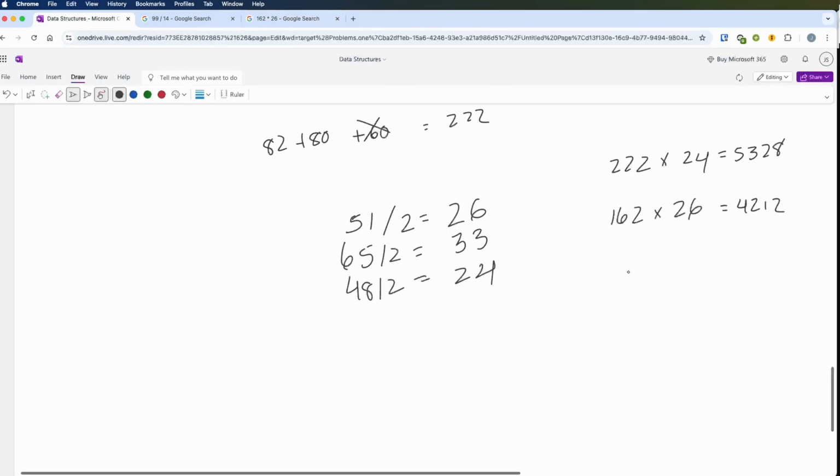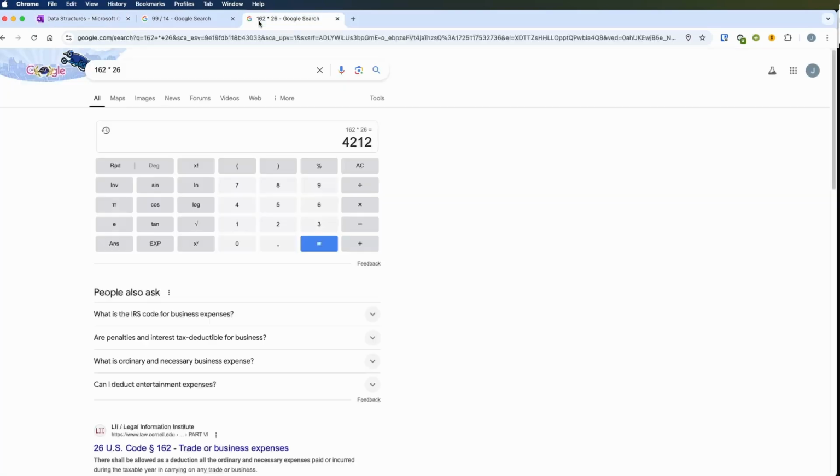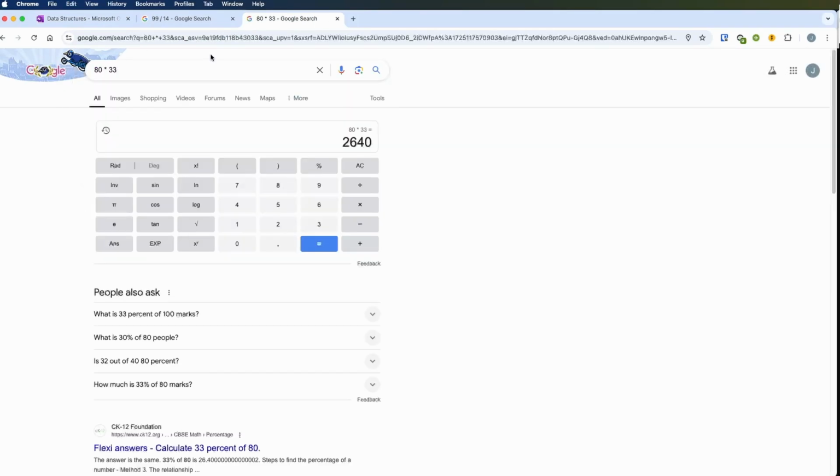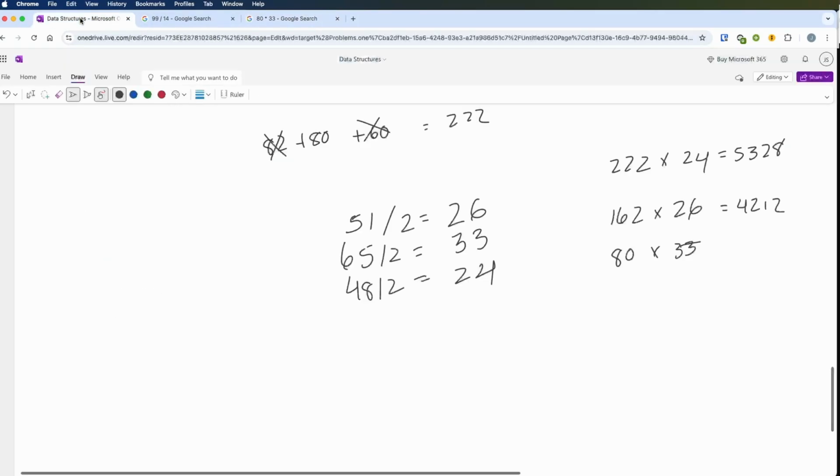And then we'll have just 80 times 33, which is 2640.